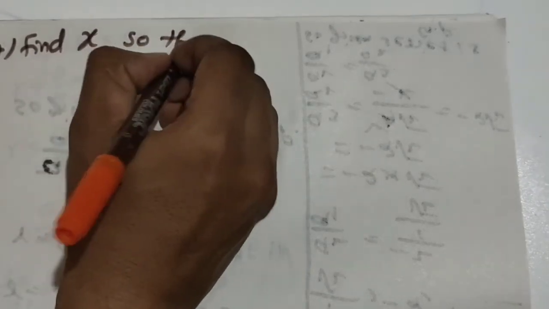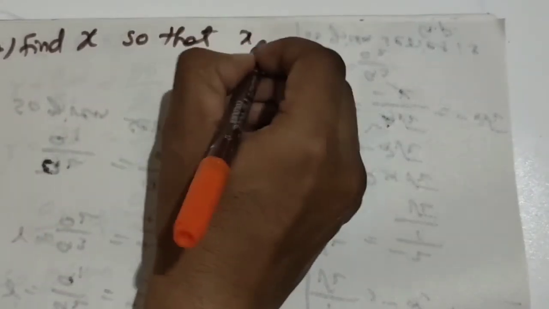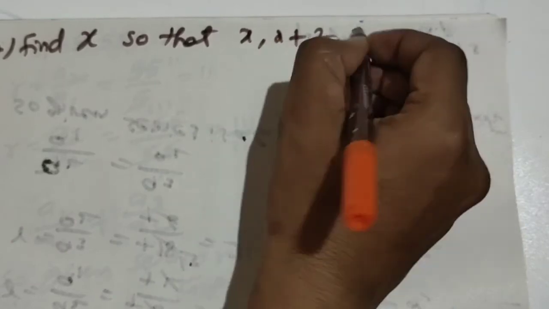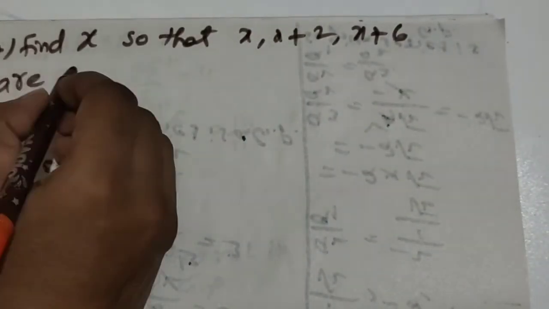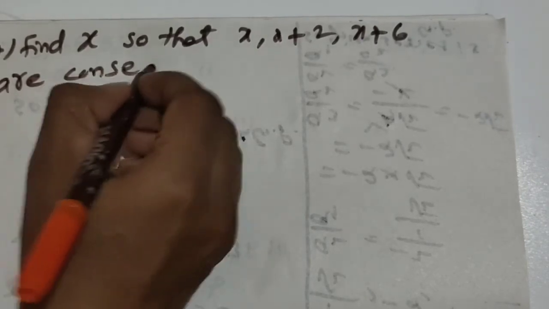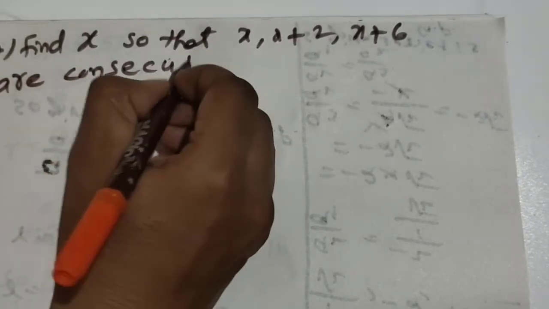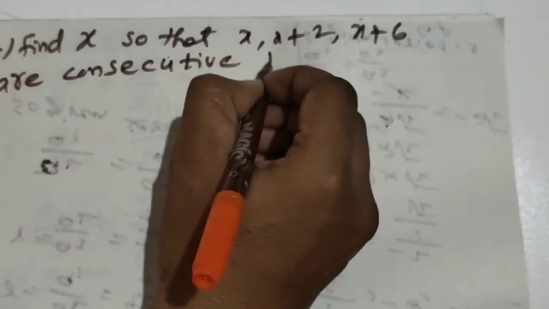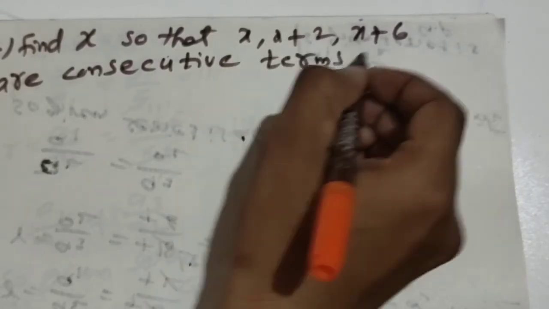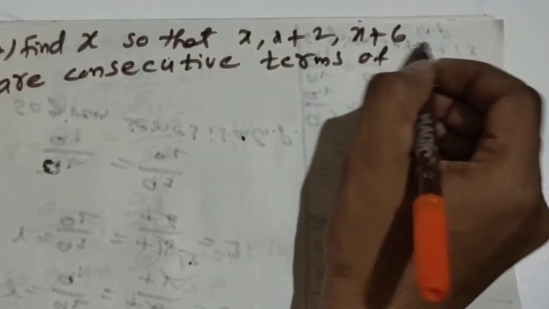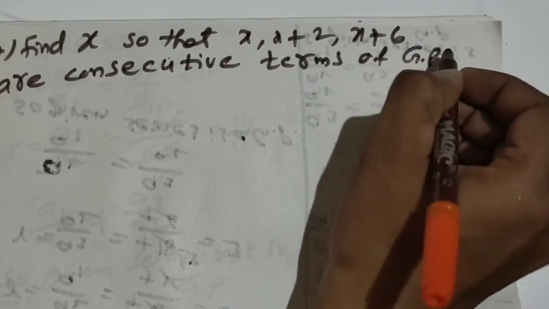And then the fourth one, very important for 2 marks. Find x so that x, x plus 2, x plus 6 are consecutive terms of GP. Okay.